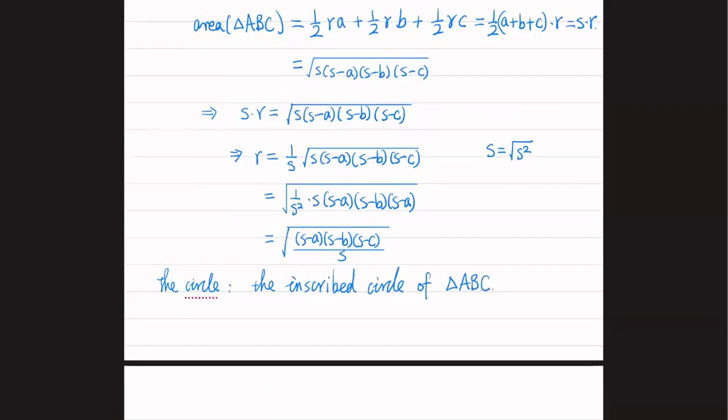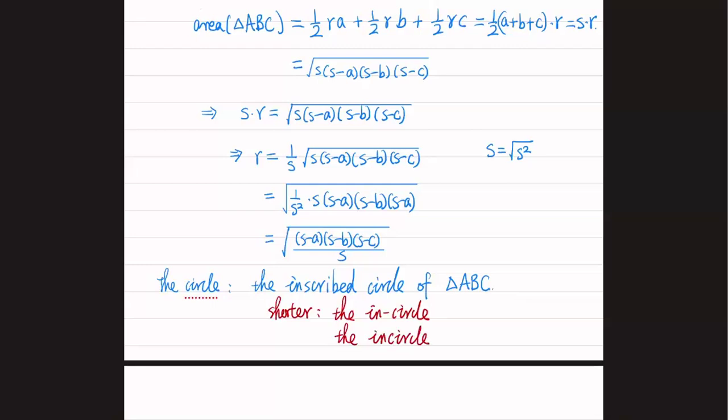Because we use this so often, we want to give it a shorter name. We will also call it the incircle. The incircle is short for the inscribed circle. Sometimes we will just ignore the dashed line, just write the incircle.